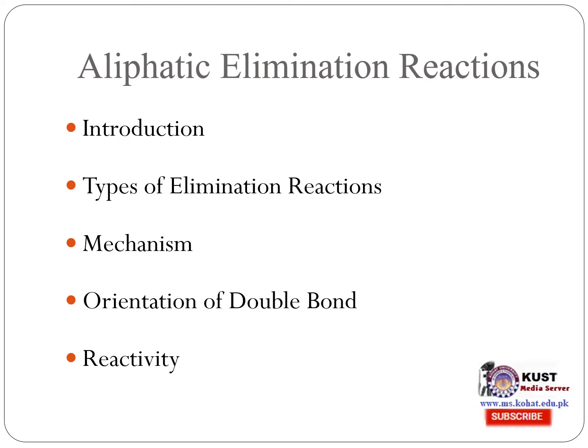Then the mechanism, what is the probable mechanism of each type of elimination reaction, and orientation of double bond, that is, where the double bond will be and on what principles the double bond will form between two carbons, and reactivity, that is, what is the rate of these reactions and on what conditions, like solvents, the base, or the substrate, it depends, that is, what the reactivity and the rate of the reactions will be.